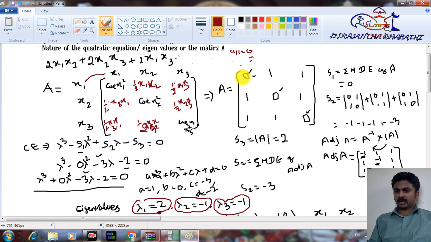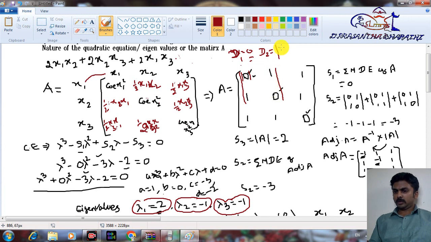First we consider this element, and after that we consider this minor. This is called d1, equal to 0, and then d2. This is not the meaning of diagonalization, but we are using the notation d1, d2. For diagonalization we use only d, whereas for finding nature we use d1, d2, d3.